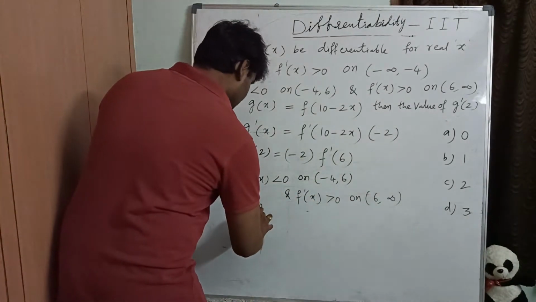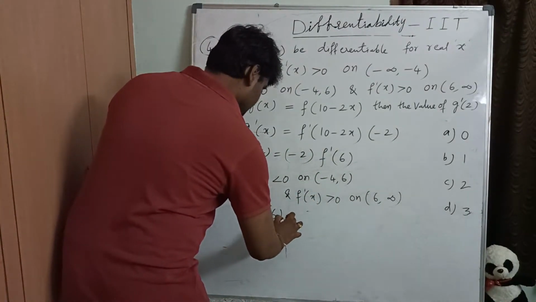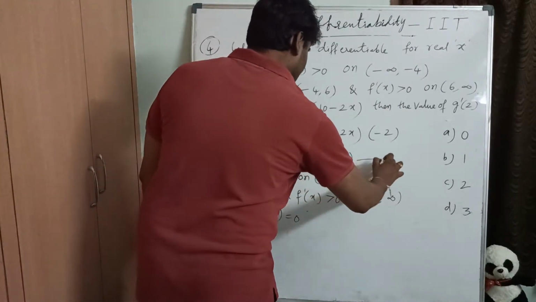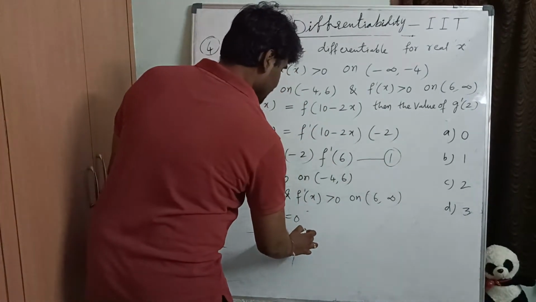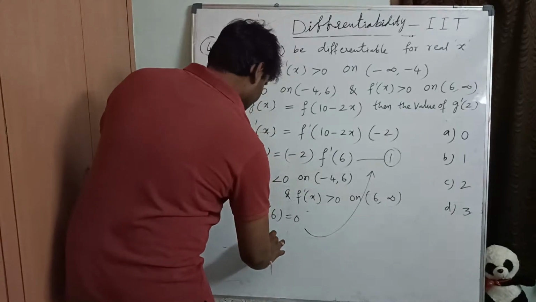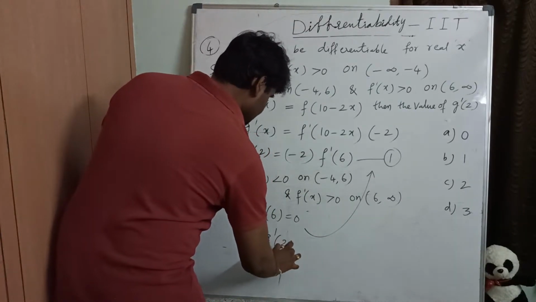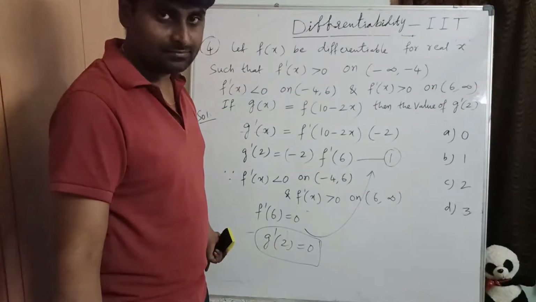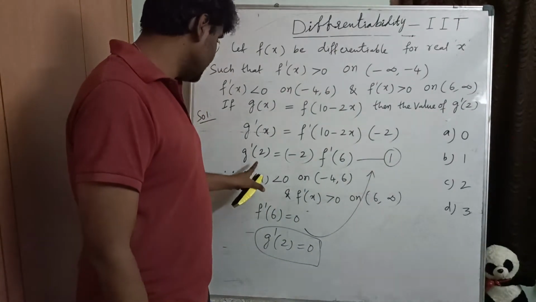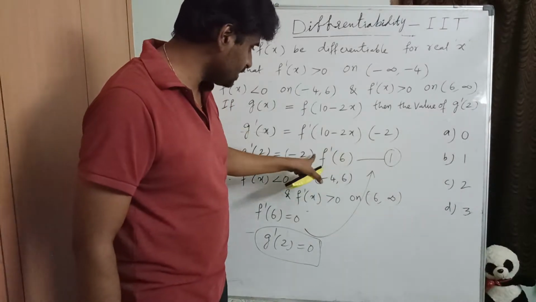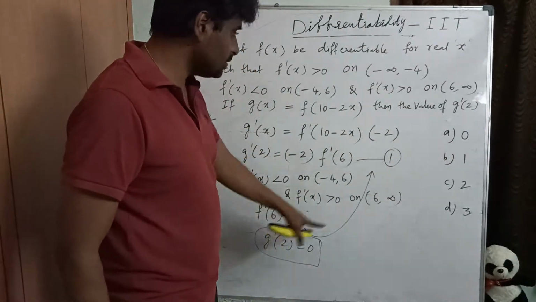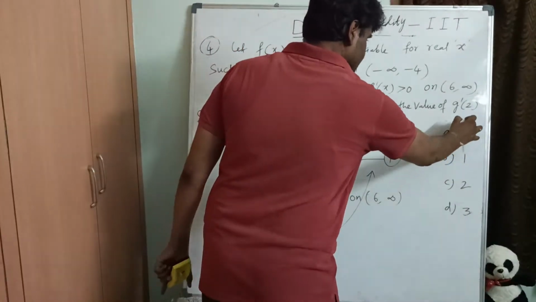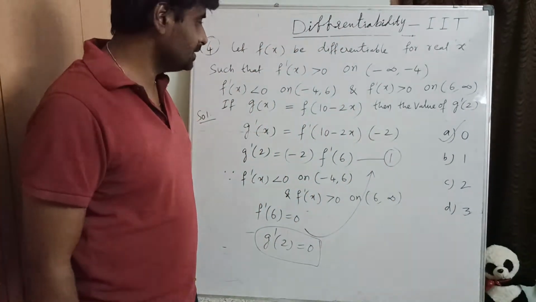Correct? So f dash of 6 equals 0. Just substitute that value. What do we get? g dash of 2 equals 0. Is it difficult? Very easy. So g dash of 2 equals 0, because f dash of 6 is also 0. Everything is 0, so option A is correct. Very easy, right? Make a note of it.